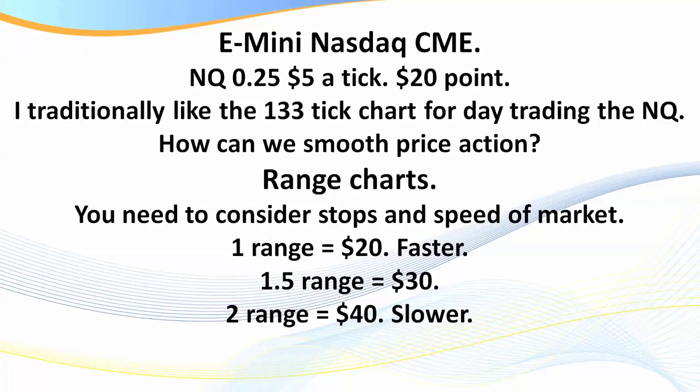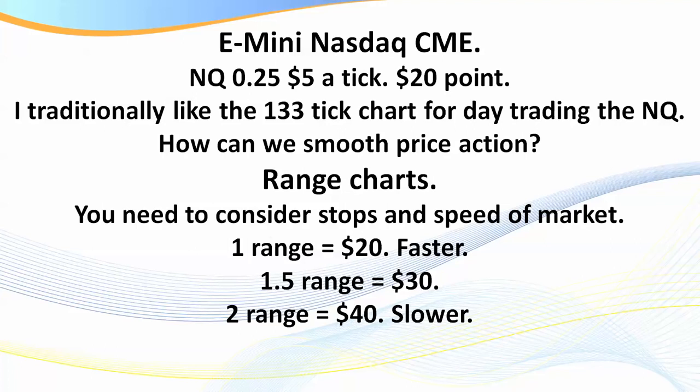Okay, so each candle is worth $30, and we'll have a look at this because we need to consider the size of candles also compared to your stops. The reason being, as all of my traders are aware, I like to put my stop 2 ticks above or below the closest swing high or swing low, and we'll look at that in a moment.